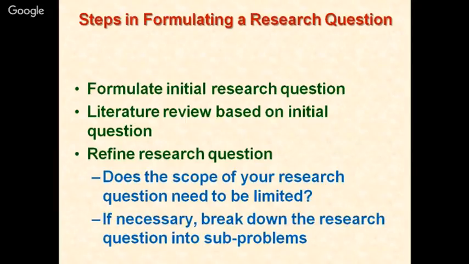If necessary, break down the research question into sub-problems. It means you have a number of research questions. So a research question is a problem which is stated in a question form. But in most universities, you will find the research problem stated in statement form. So it could be a research question, it could be a research problem.